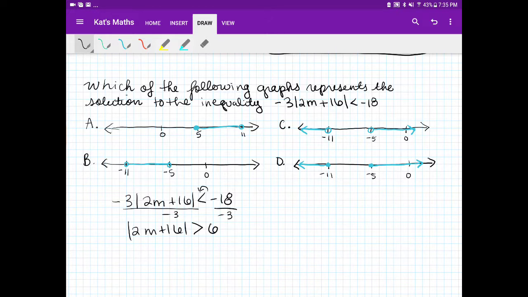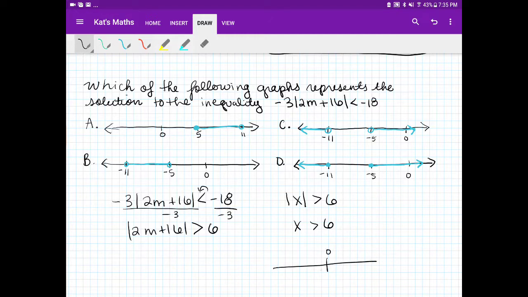And then when you're doing absolute value inequalities, an easy way to think about it is absolute value is the distance from 0. So if you have the absolute value of x is greater than 6, that means this x has to be more than 6 away from 0. So it could be more than 6 away from 0 in the negative direction.